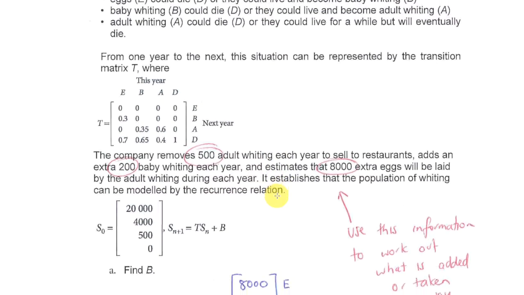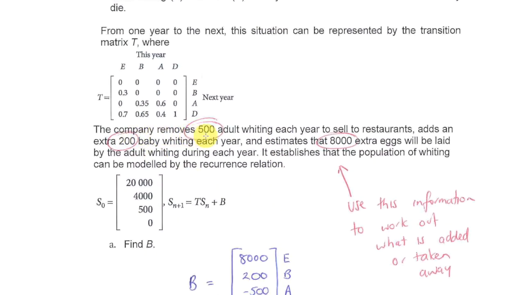Now, we are told that the company removes 500 adult fish, so they take those out of the pondage and sell them off. They add 200 babies, and they add 8,000 extra eggs as well, or 8,000 eggs are produced by the adults who are laying them.